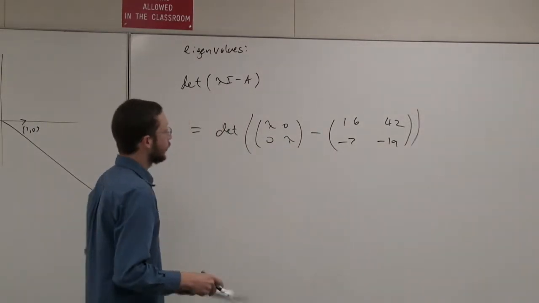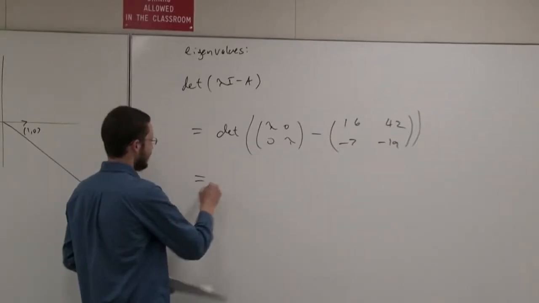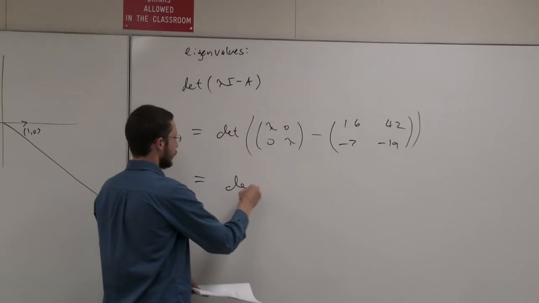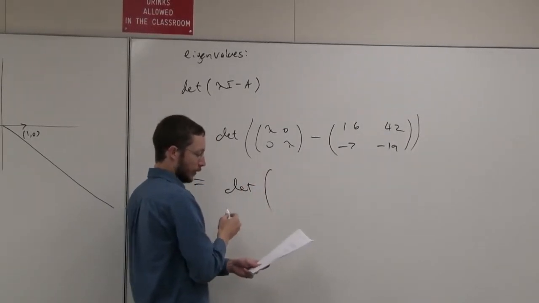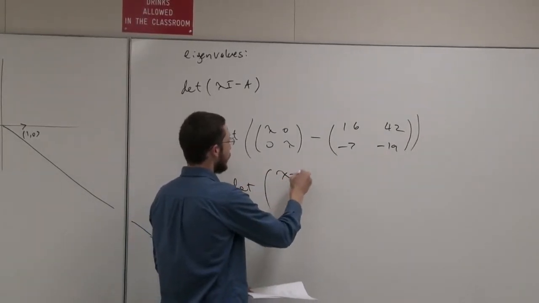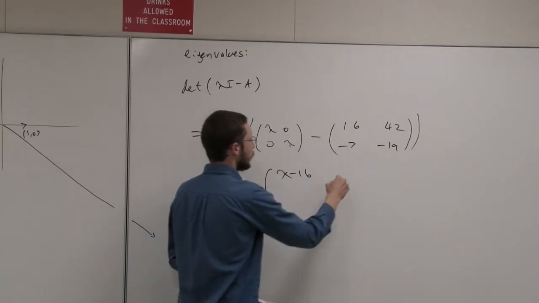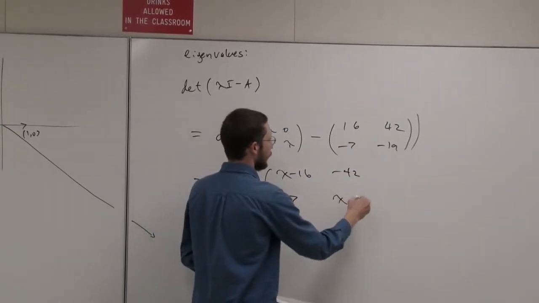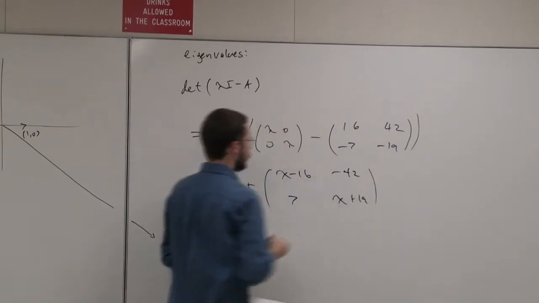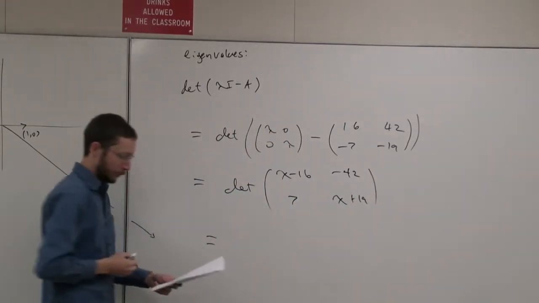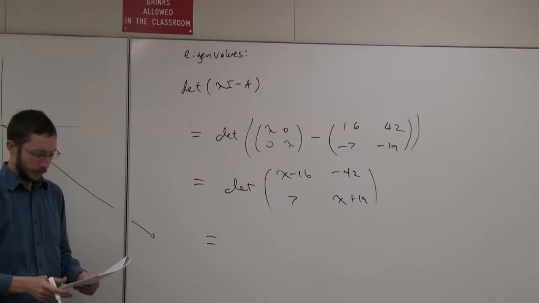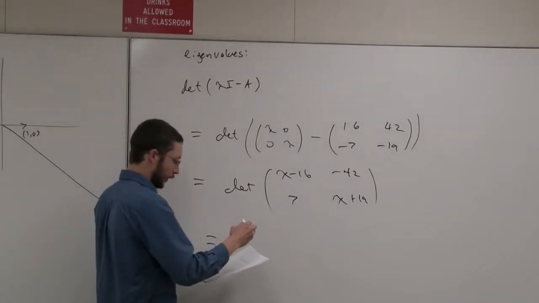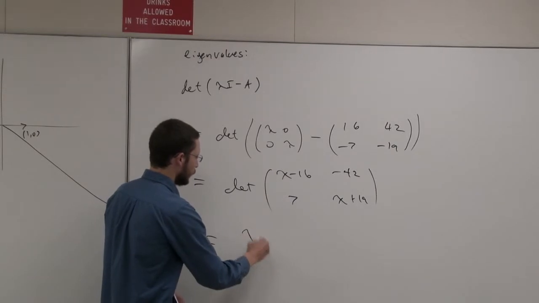It looks kind of terrible. This turns out to be the determinant of lambda minus 16, minus 42, 7, and lambda plus 19. Looks pretty terrible, but it turns out to factor kind of nicely. So this ends up giving you the polynomial lambda squared plus 3 lambda minus 10.